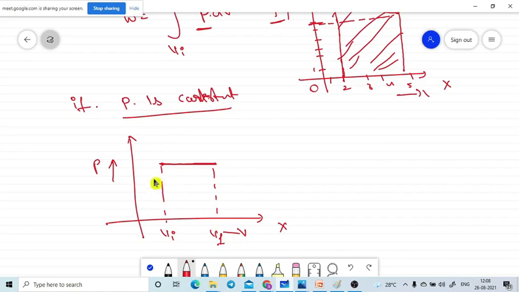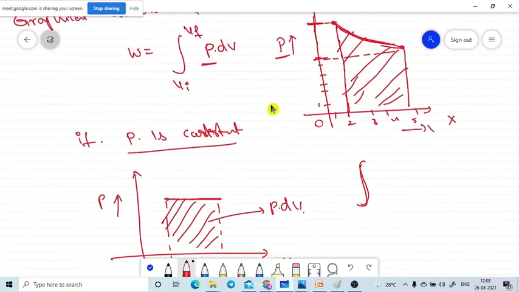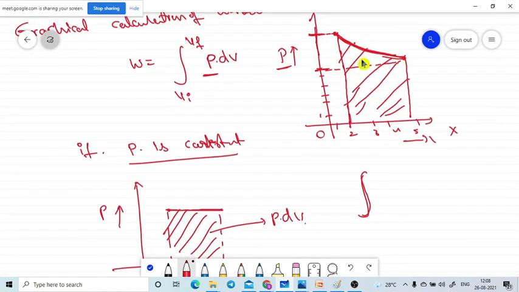So how can you find this? P dV is an integration, which is nothing but the area occupied by the graph. The integration is the total area occupied by the graph, between the limits. This graph represents the variation of the pressure as well as the variation of the volume.